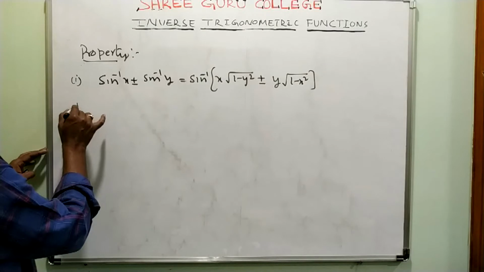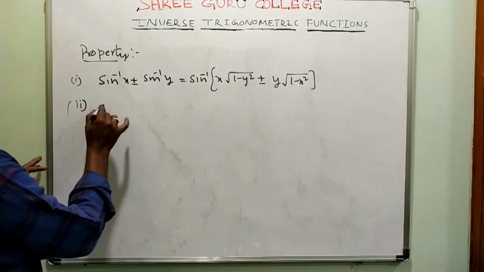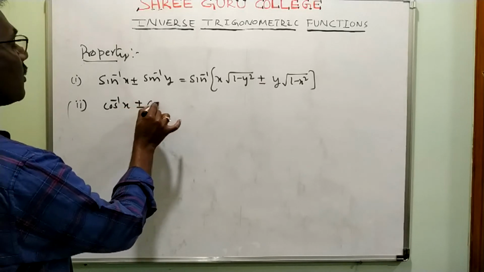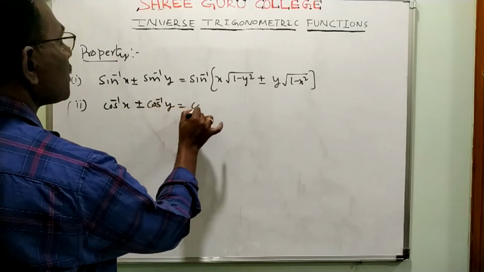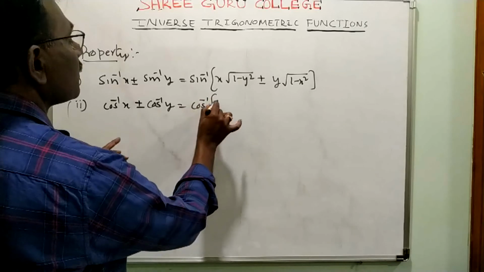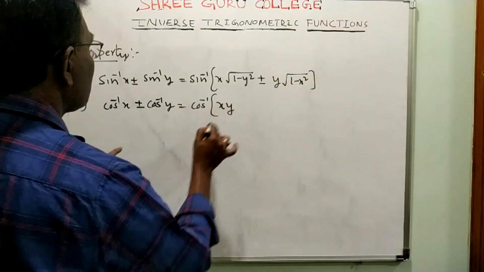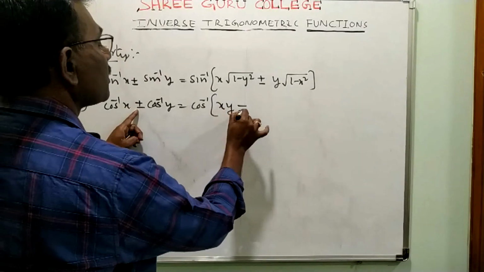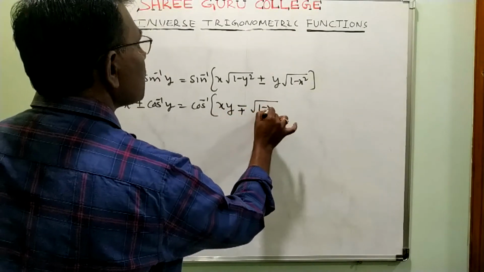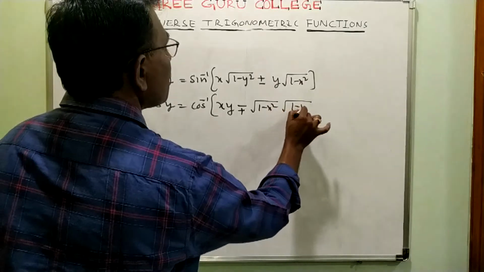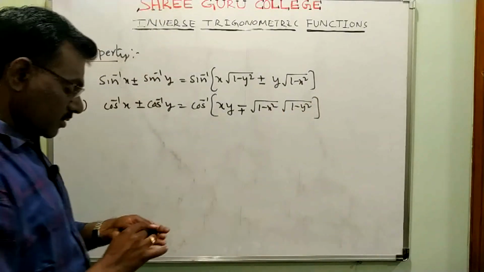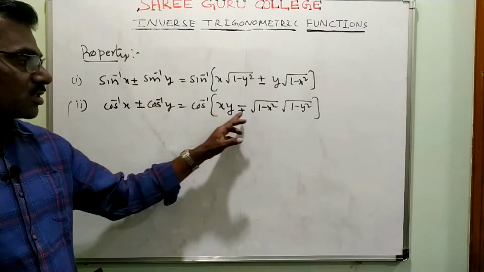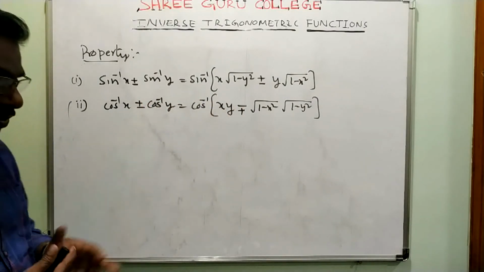Okay. So second one is cos inverse of x plus or minus cos inverse of y. Cos inverse of xy, here where plus is given, it is minus, and where minus is given, plus, root 1 minus x square, root 1 minus y square. Here plus means minus, and minus means plus. So these are very important.